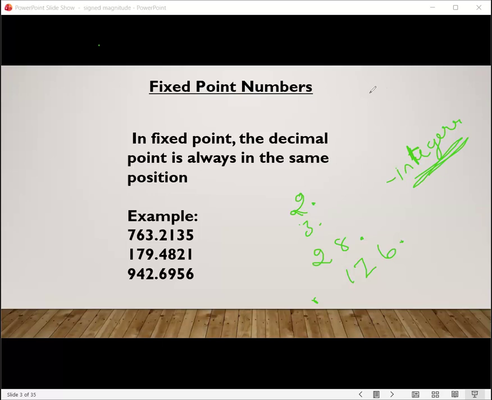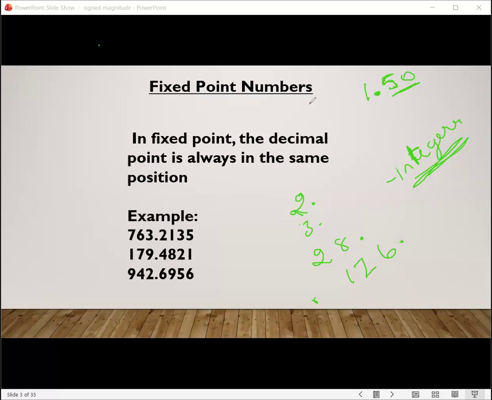For example, when we write money, how do we write money? How do we say 1 rupee 50 paise? 1.50. So only two places after a decimal point. We have only two places after the decimal point for every representation of money. So the decimal point is fixed and the fractions are just two integers.